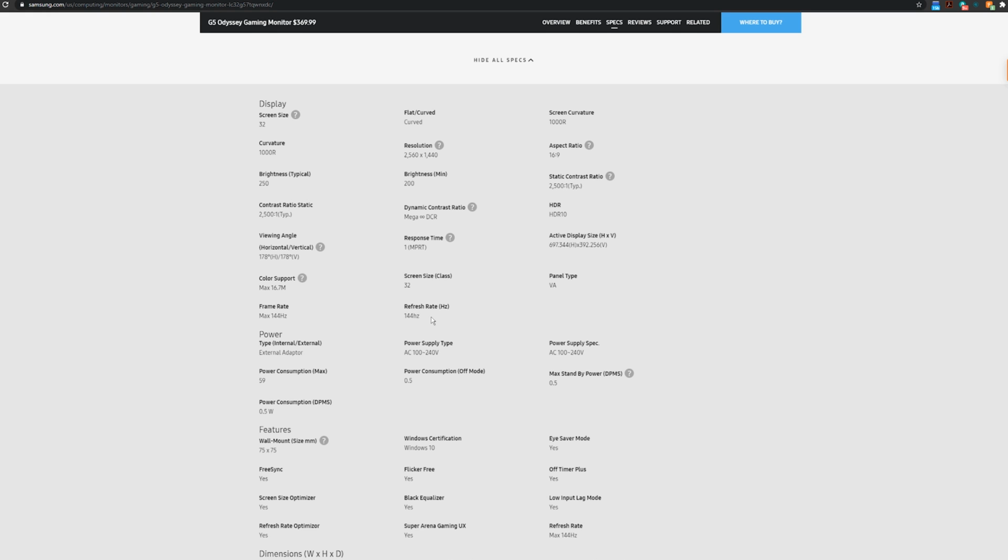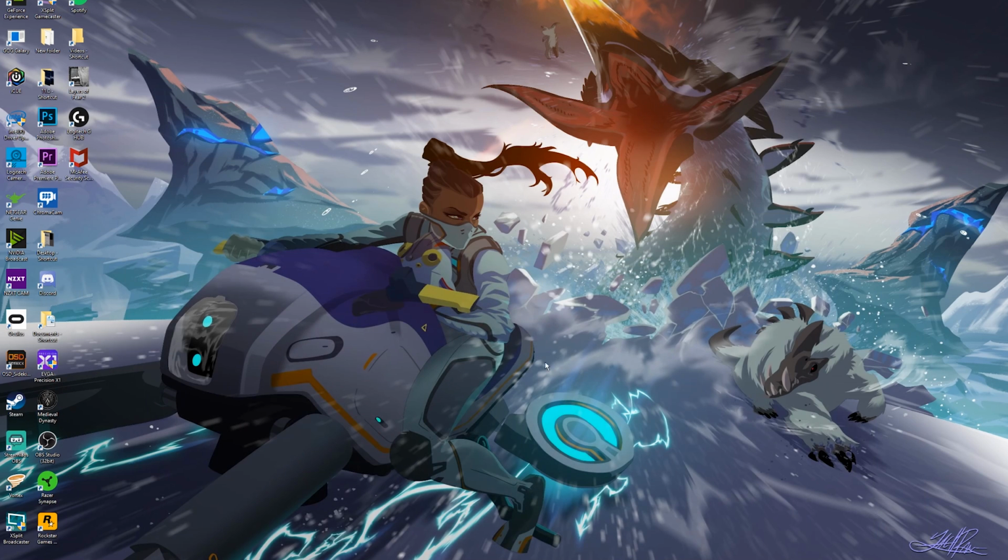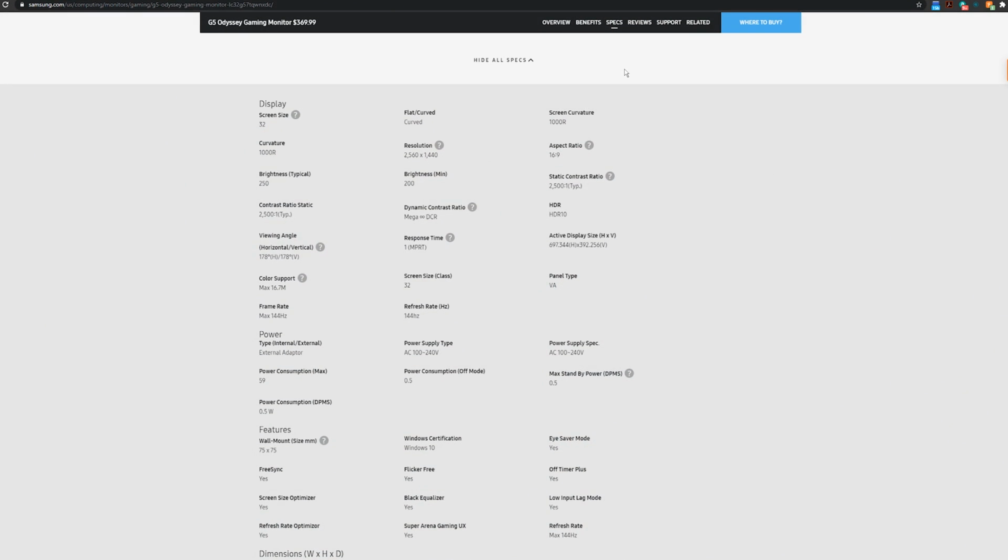For the average person, 144 is my gold standard personally. 120 is solid, but 144 just is a little bit smoother. Now, day-to-day is where you may notice a subtle difference, very, very subtle, with just opening and closing apps. That's going to be the big one where you may notice something.